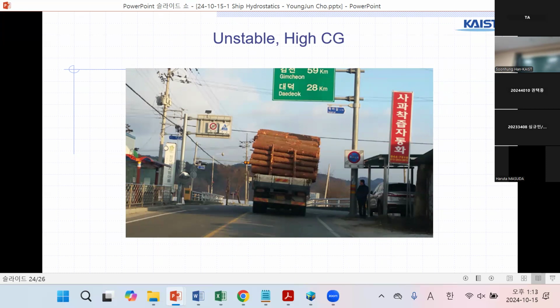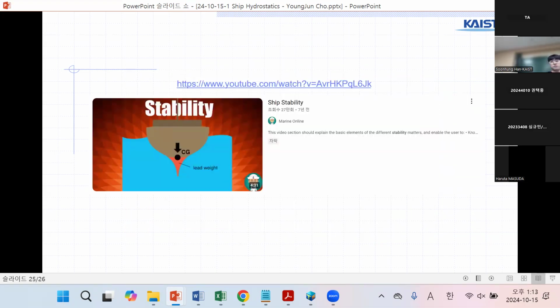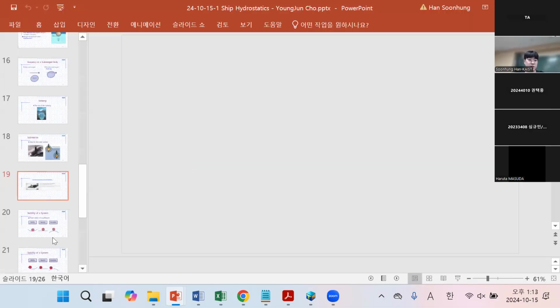So if the system has a high center of gravity, it can be unstable. So it is important to lower the center of gravity to prevent the ship from capsizing. Okay, let's watch a video about ship stability.